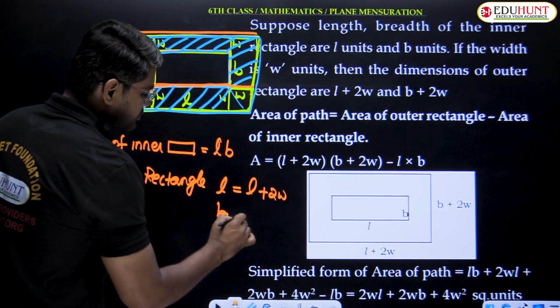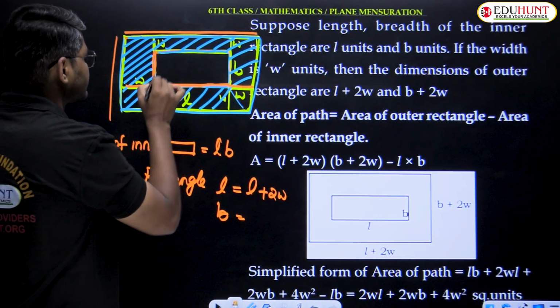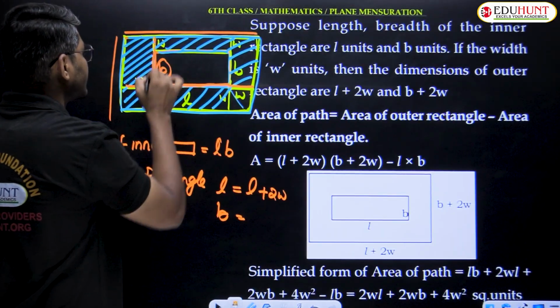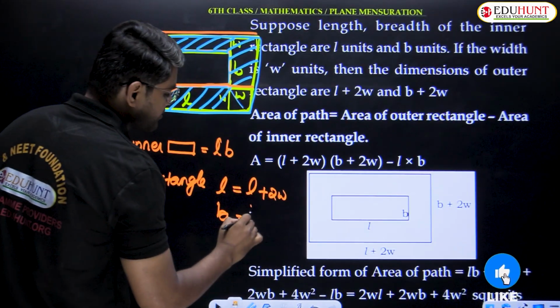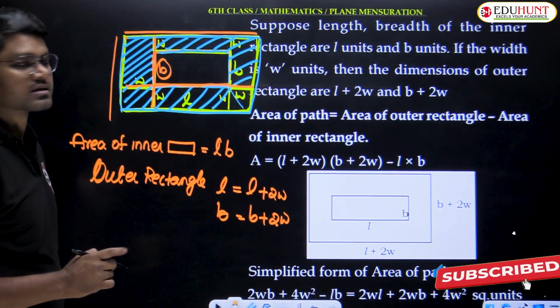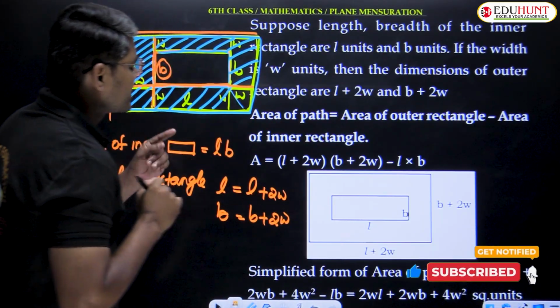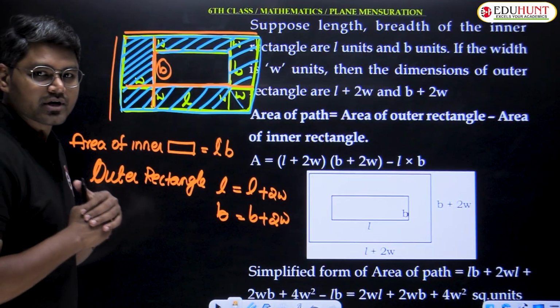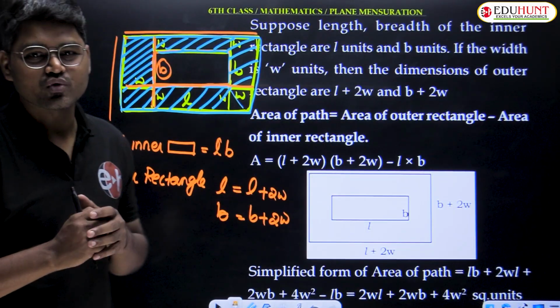Breadth is equal to, this is breadth B, this is W, this is also W. So, B plus W plus W becomes B plus 2W. Okay friends, see here, the length is L plus 2W, the breadth is B plus 2W here.